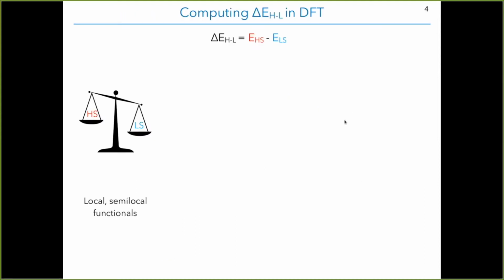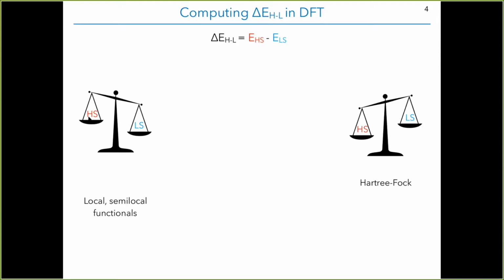The problem in DFT is that different exchange and correlation functionals lead to significantly different values of the computed delta E. For example, it is a well-known fact that local and semilocal functionals tend to overstabilize low spin over high spin.